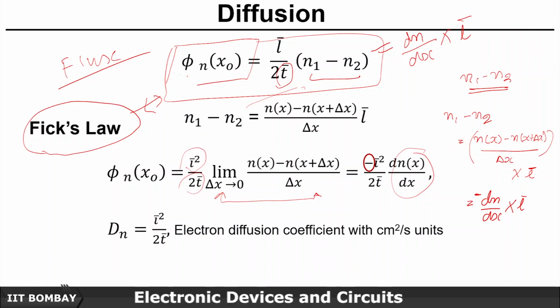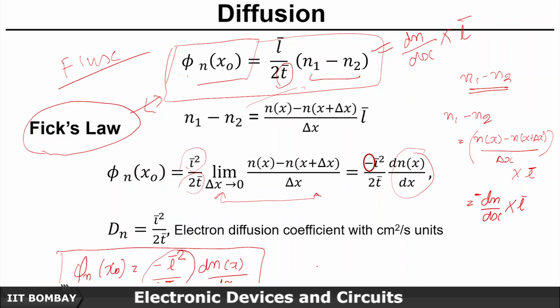So what this flux equation finally becomes is minus L bar square divided by 2t bar times the derivative of n(x) by dx. In this expression, the term L bar square divided by 2t bar is known as the electron diffusion coefficient.